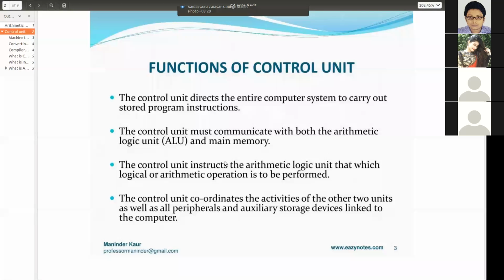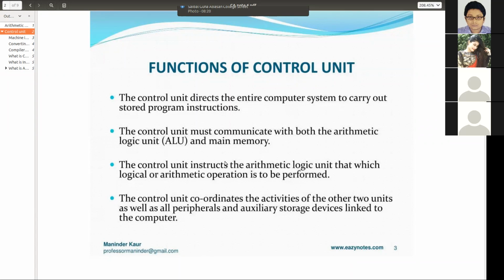And obviously it communicates with the arithmetic and logic unit and with main memory and all that, because as I told you, there will be main memory, secondary memory, there may be auxiliary memory, and your CPU's components. All those components are working together. That's why you're getting this output. So it will communicate with all those components.